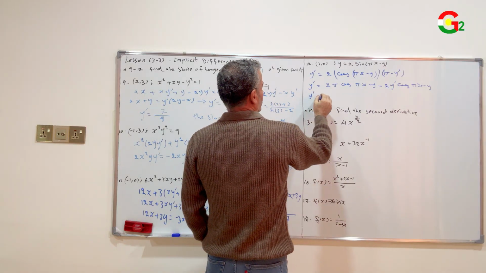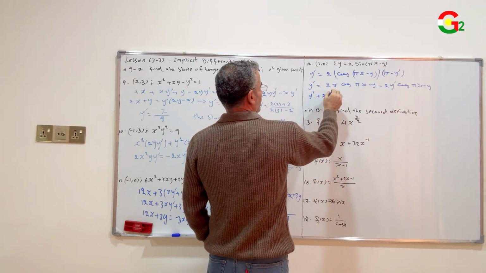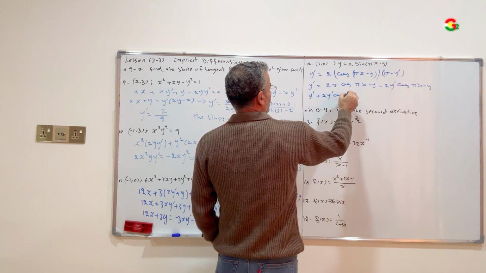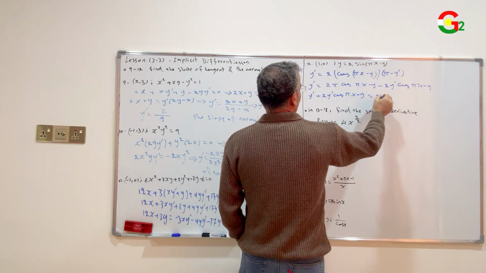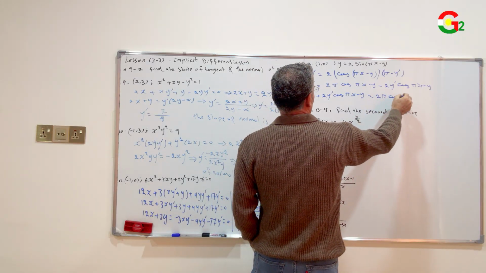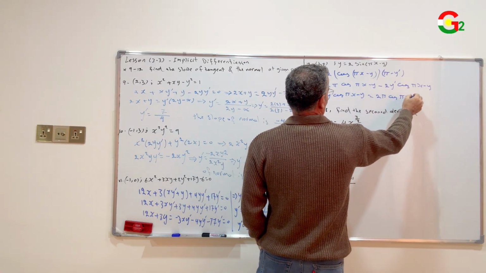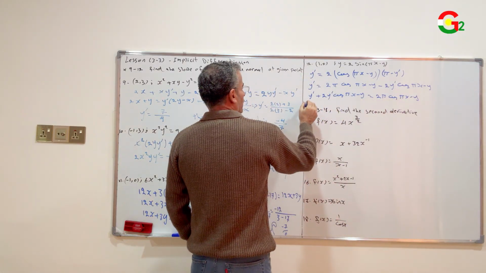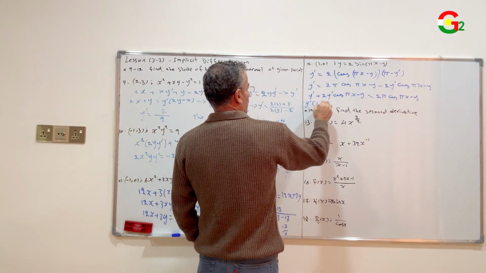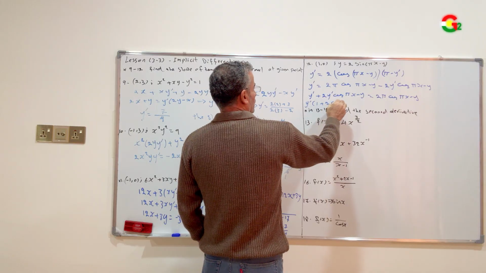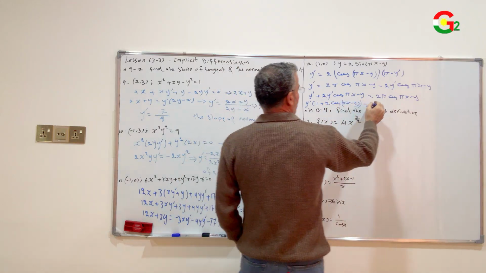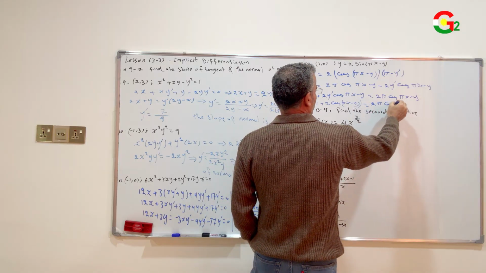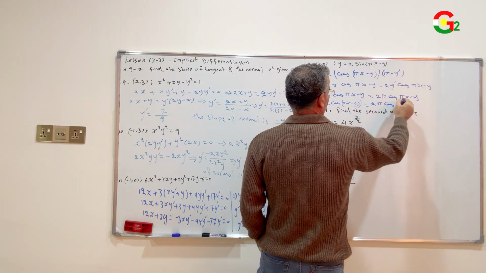So y prime plus 2y prime cosine pi x minus y equal to 2 pi cosine pi x minus y. Factorize by y prime: 1 plus 2 cosine pi x minus y equal to 2 pi cosine pi x minus y.